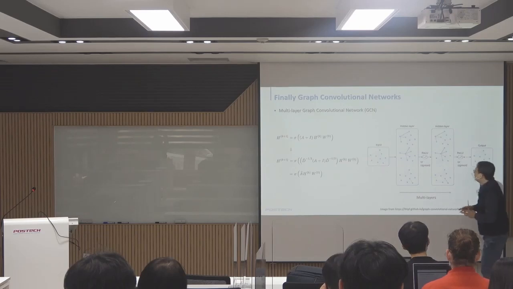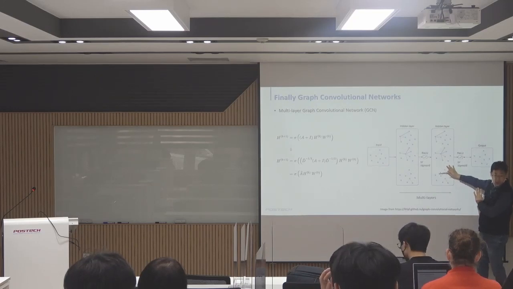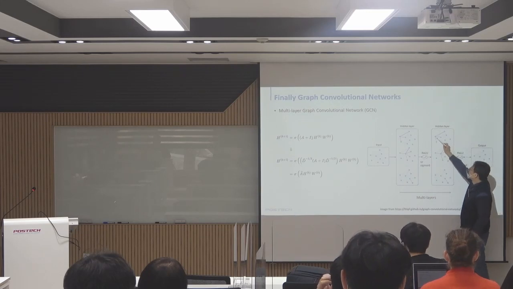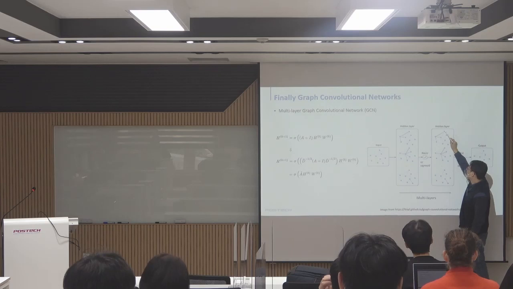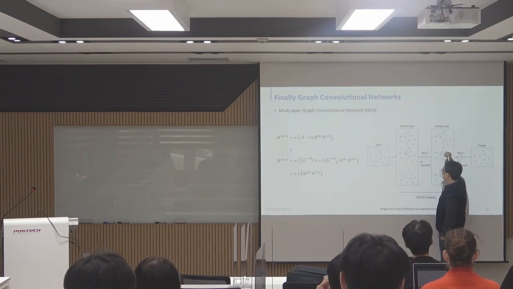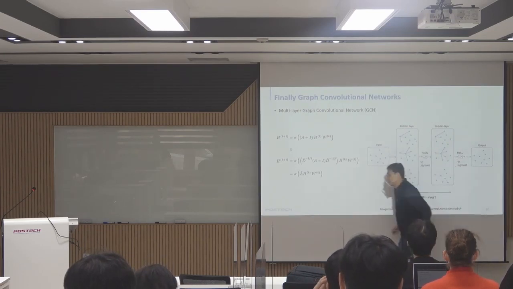Okay, so let's see. Suppose we have only two hidden layers. Then to update this node, we utilize these, but this one is updated. So this node was updated in the previous hidden layer.